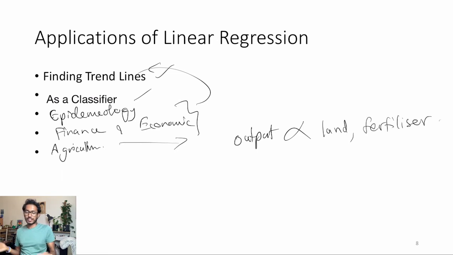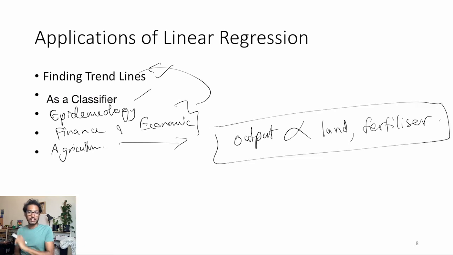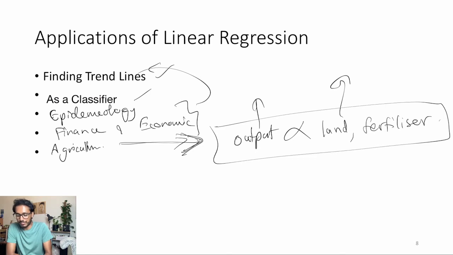This is a very simple linear model, a very basic economic concept in agriculture. If you use more land, you will get more output. If you use more fertilizer, you will get more output. And if you use less fertilizer but the same amount of land, what happens?